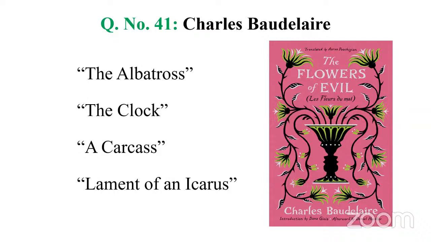The Albatross, which is often prescribed when it comes to world literature and translation or in other papers. Then we have The Clock, A Caucus, then Lament of an Icarus. So these are the poems you can read if you want to familiarize yourself with Charles Baudelaire, the French poet.